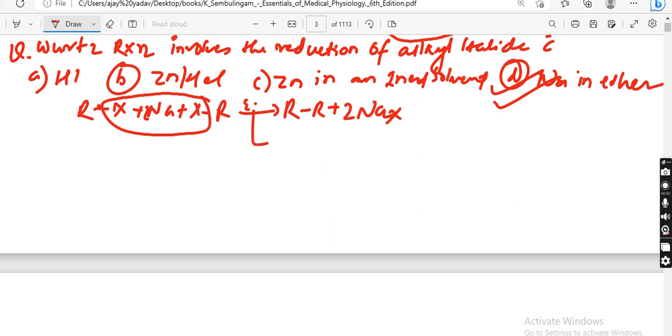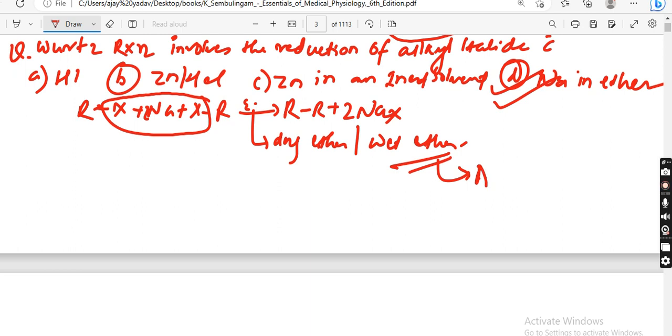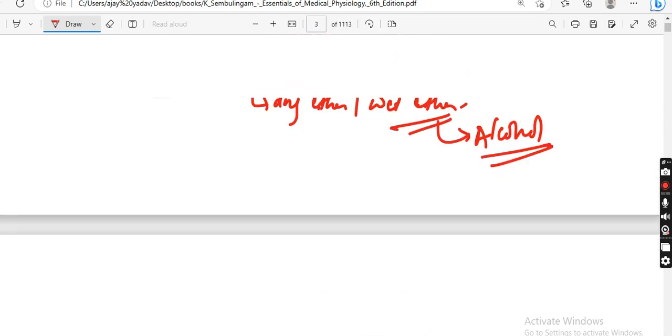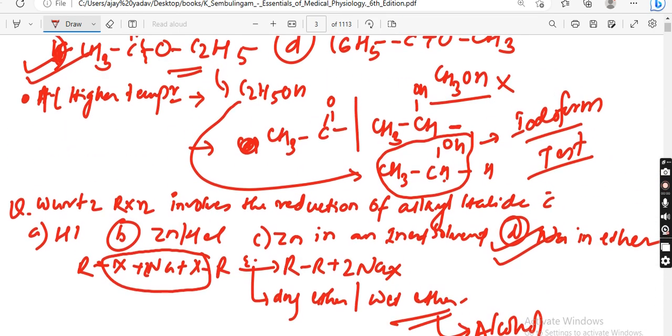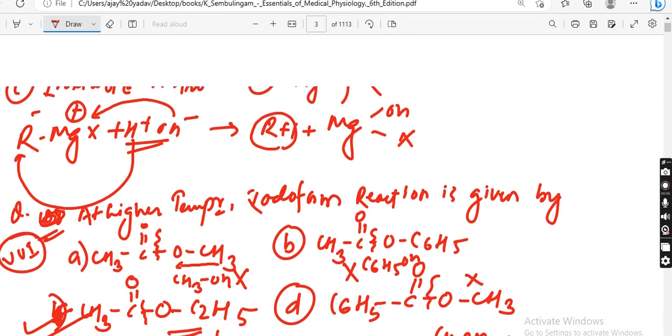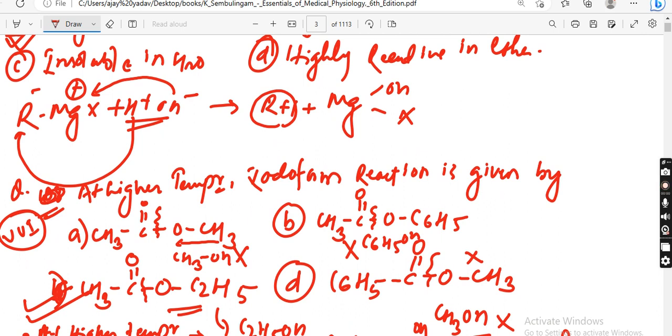Remember, you can only use dry ether over here, not wet ether, because wet ether will produce alcohol instead of giving you alkane. So remember this one, this is very important. We have done this much till now. The rest we'll be doing in another part. Thank you.